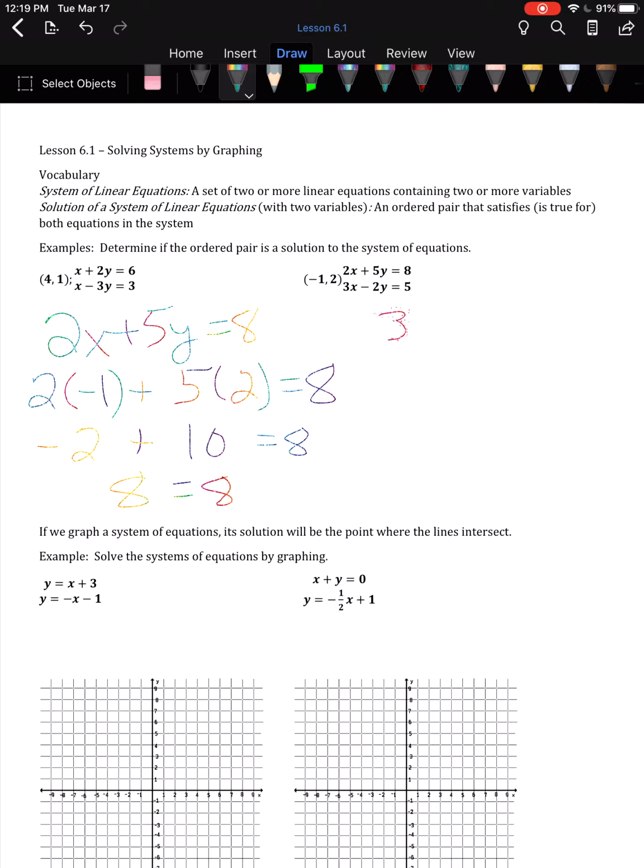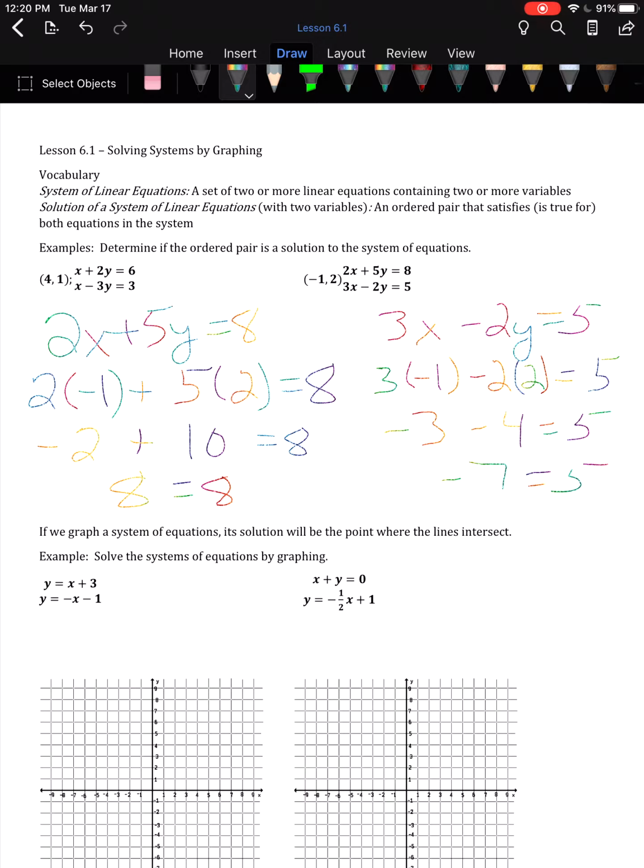Let's check our second equation. 3x minus 2y equals 5. Again, we are substituting negative 1 in for x, and we are substituting 2 in for y. Three times negative 1 is negative 3. Negative 2 times 2 is negative 4. And negative 3 minus 4 is negative 7.